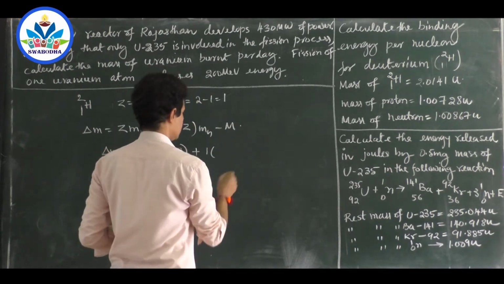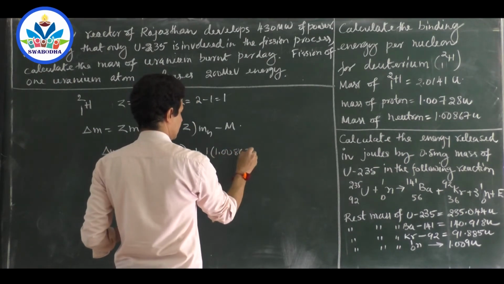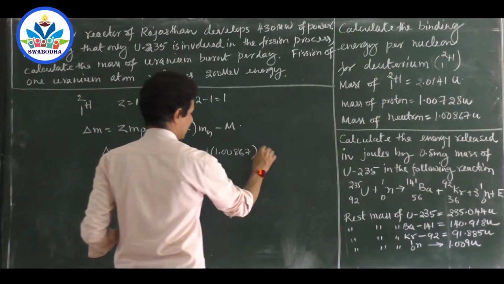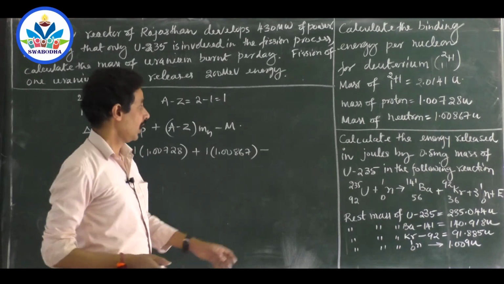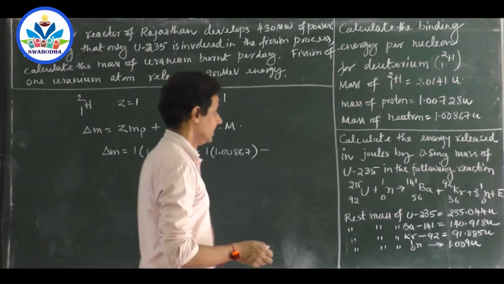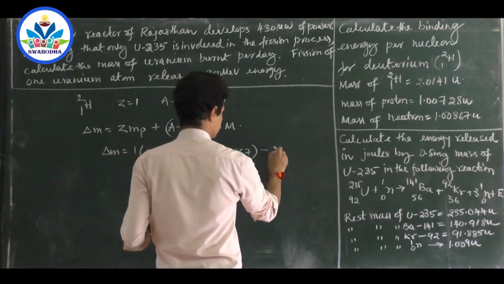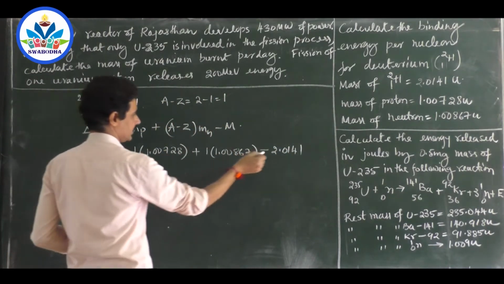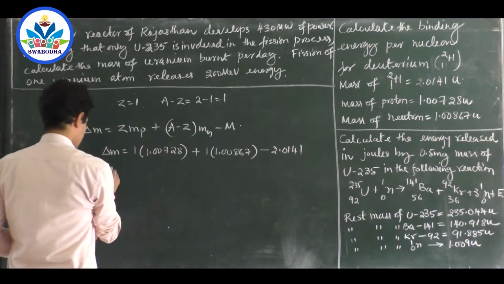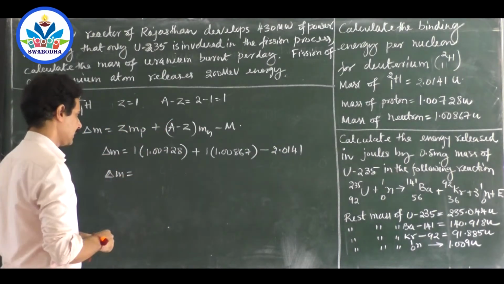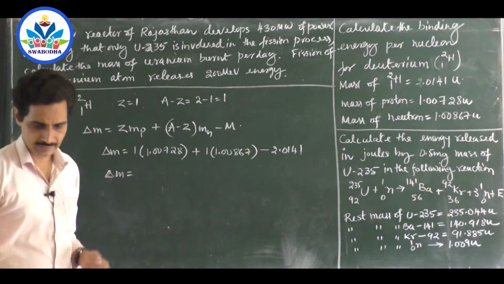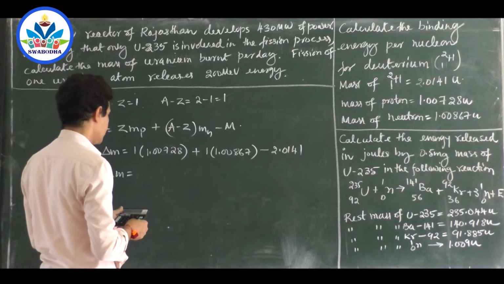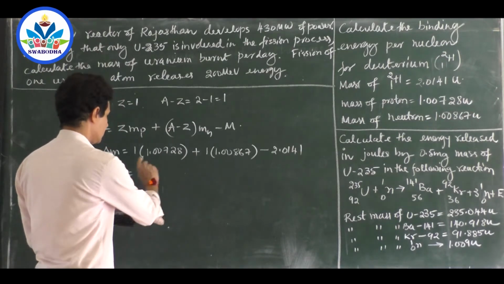It is 1.00867 atomic mass unit, minus mass of the actual nucleus. Mass of the actual nucleus will be lesser. How much is it given? Mass of deuterium nucleus is 2.0141 u. So mass of the individual protons and neutrons minus mass of the nucleus. So what is mass defect? Mass defect delta M is equal to, so you have to calculate this. You should calculate even with all the decimal numbers, taking account into all these numbers.